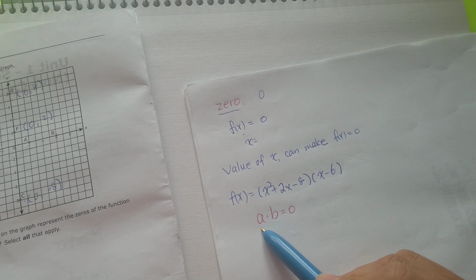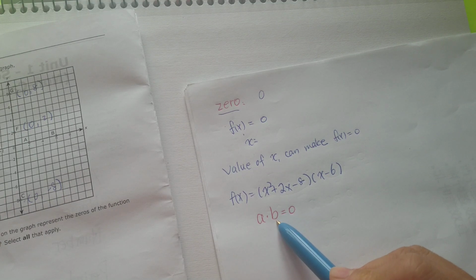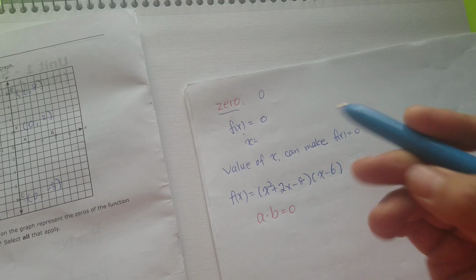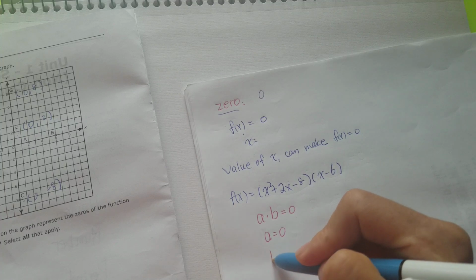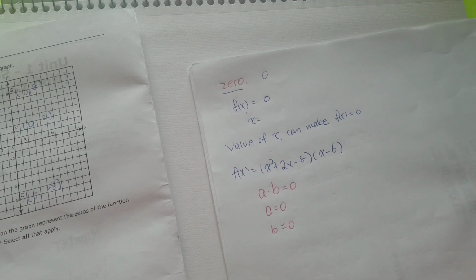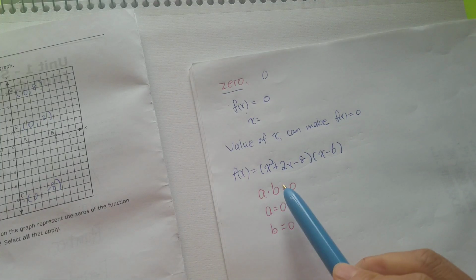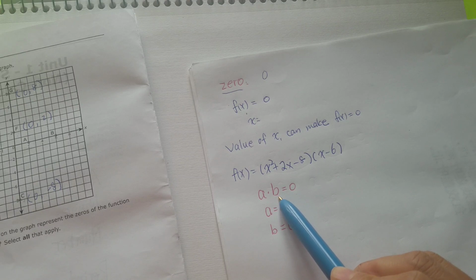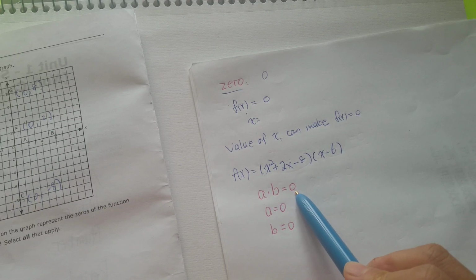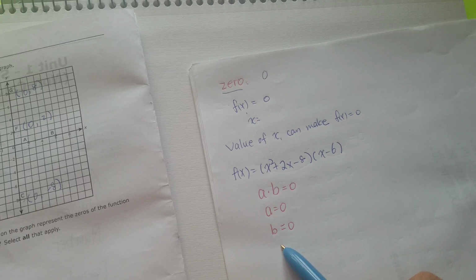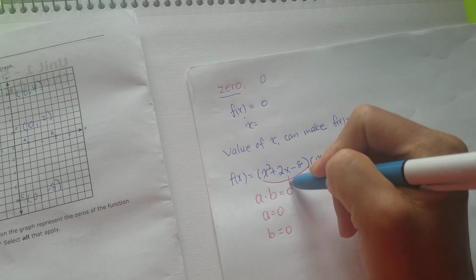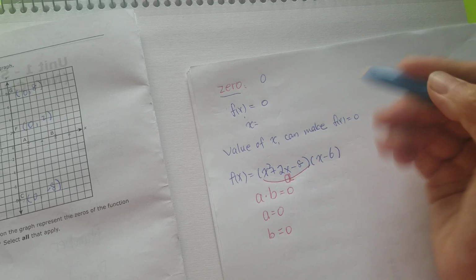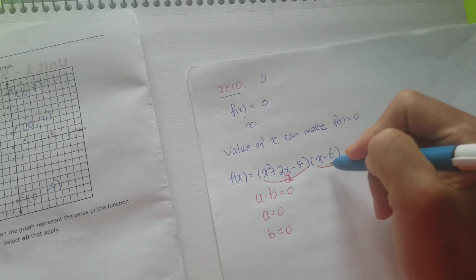When we have a number multiplied by another number equals 0, we can say either A equals 0 or B equals 0. Now let's see, if A is 0, it doesn't matter what number B is, 0 times the number equals 0. So does B. So in that case, this is my A, and this is my B.